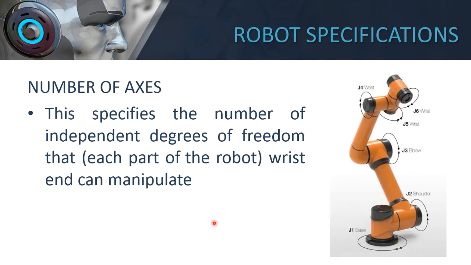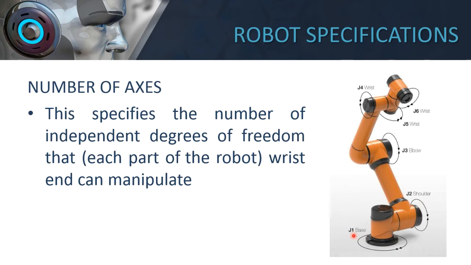Number of axes. The number of axes specifies the number of independent degrees of freedom that the wrist end can manipulate. You need to remember here, that is the wrist end can manipulate. Here you have the wrist, which is named as J6. If this has to be manipulated, then it can be manipulated using all these degrees of freedom, that is the joints whatever we have discussed: revolute joint, rotational joint, twist joint, prismatic joints.